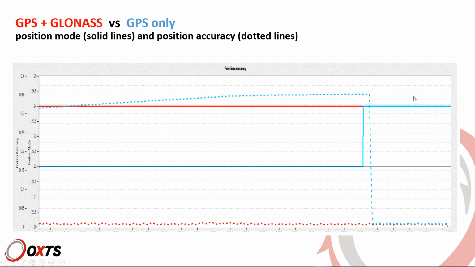At some point towards the end, you see that the system manages to hold on to additional GPS satellites and bounce up to the GX RTK level, where the GPS and GLONASS solution was all along. And in correspondence to that, you can see that position accuracy goes to the same level of the other one.